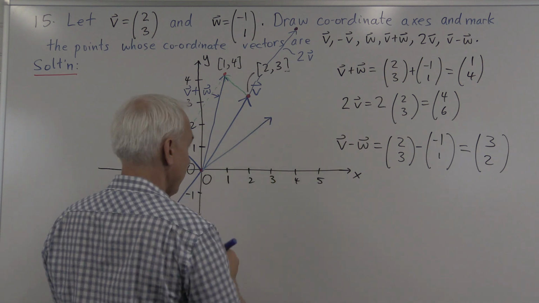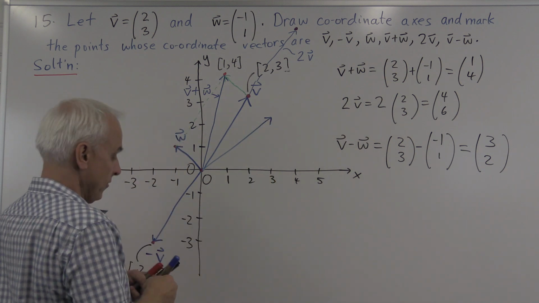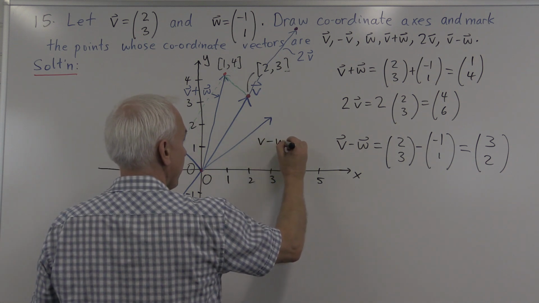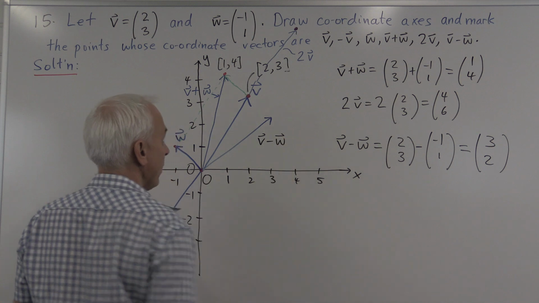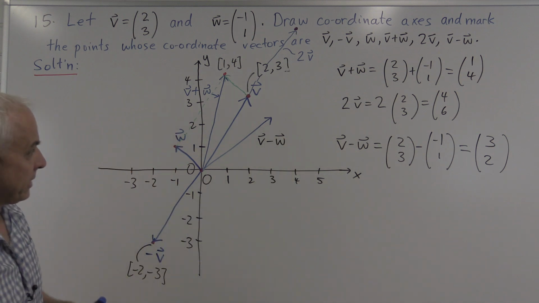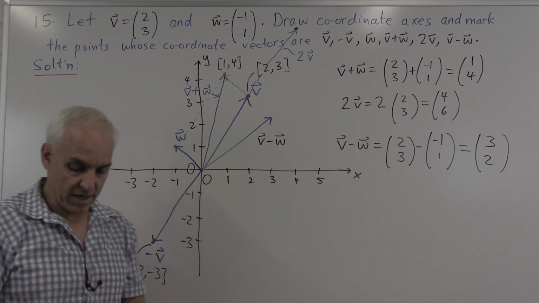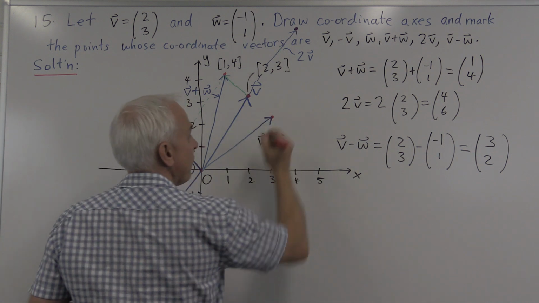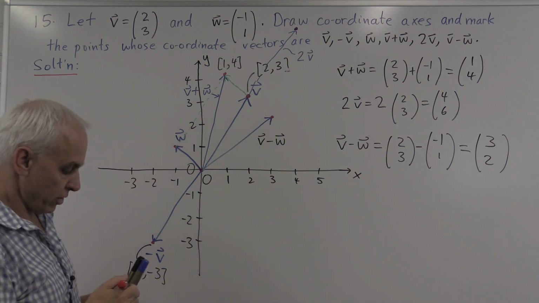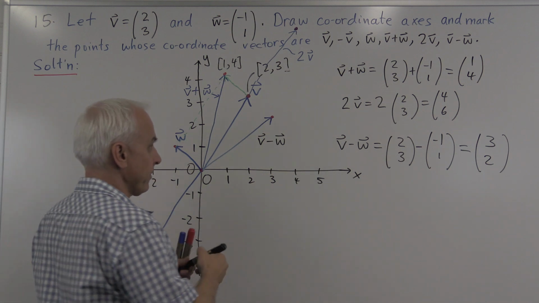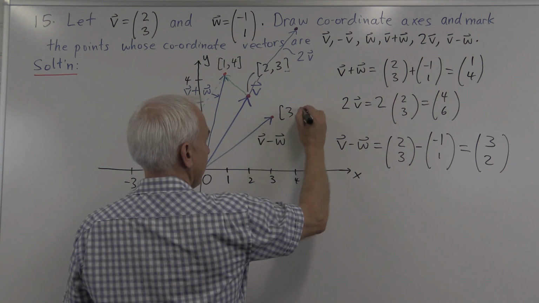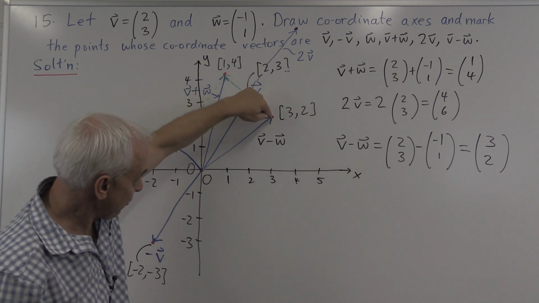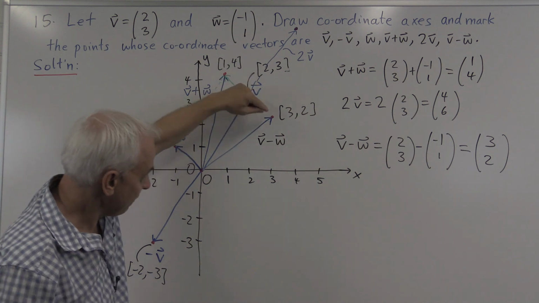There is the vector v minus w. And there's an important remark to make about that. Probably first I should draw the point that we're actually asked for. So there's the point whose coordinates are 3 and 2. That would be the point 3, 2. Okay. So that point, which is just that single point there, has coordinate vector v minus w.